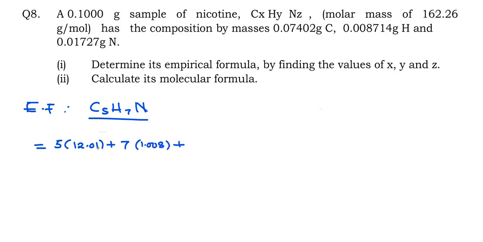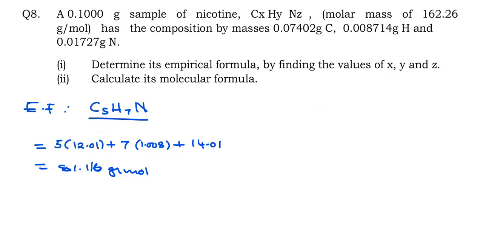The nitrogen, since we just have one atom there, we're going to just add 14.01. Okay, once you put that on your calculator, you're going to get 81.116 gram per mole.